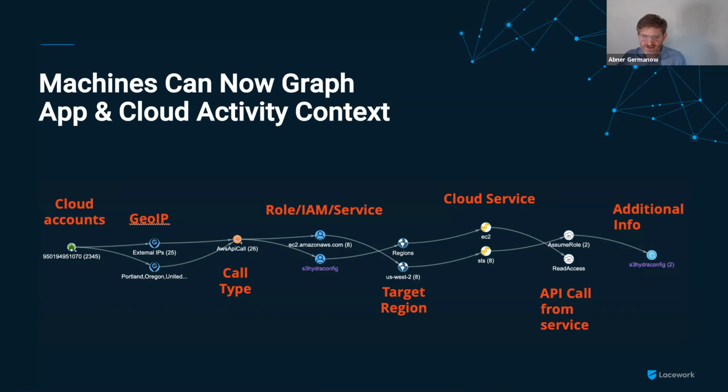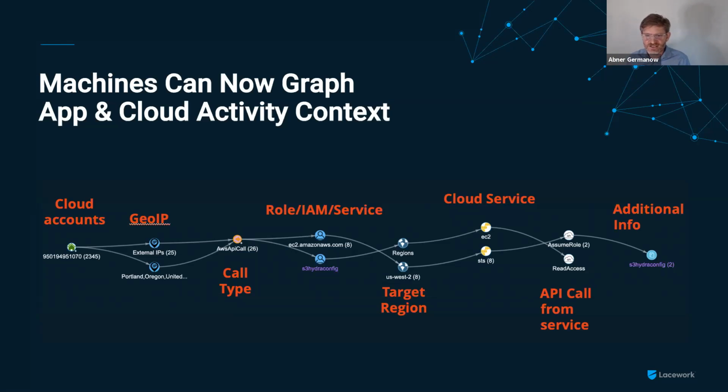They make a call to a role, in this case a Hydra configuration in US West 2 to STS and EC2. They assume a role, and then there's some more configuration that occurs there.